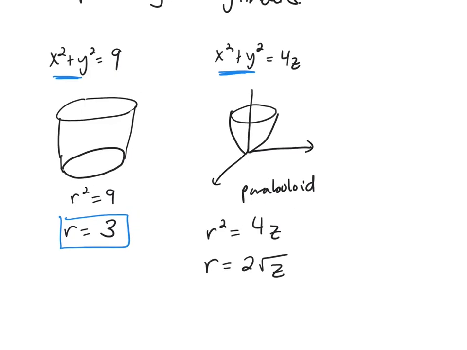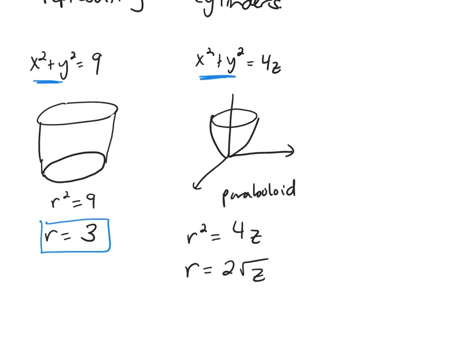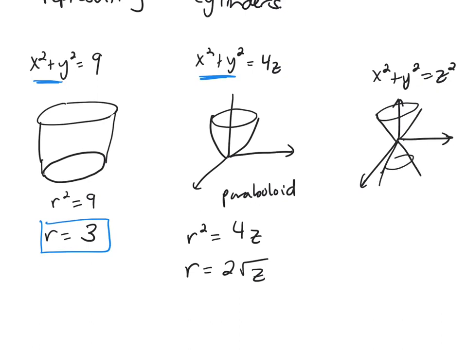And then the last one, let's look at the equation of a cone. x squared plus y squared equals z squared. If I look at the graph here, it would go up and down the z-axis. Here's my cone I got going on.